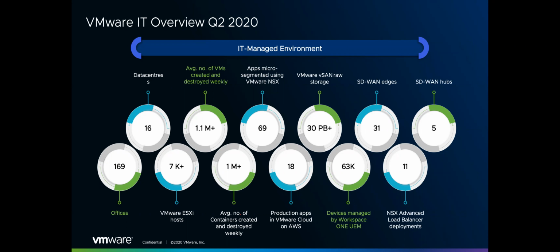Things of that nature. Another interesting one for us was the average number of VMs created and destroyed on a weekly basis. This is something we need to account for because we have a very fluid environment internally. So as VMs are being created and destroyed, how are we protecting those assets? How are we ensuring that we have the appropriate level of controls and visibility throughout the organization, giving us a good security posture?